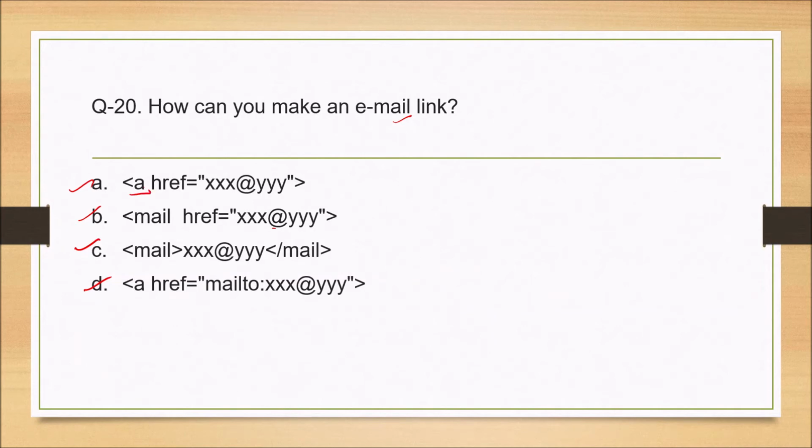Here anchor tag is there, and then href attribute is there, and then xxx@yyyy, and in this option href and then mail to xxx and yyyy. Fine. So whenever you have to make an email link, you have to use mail to, and then the valid email address. So the correct option is D.